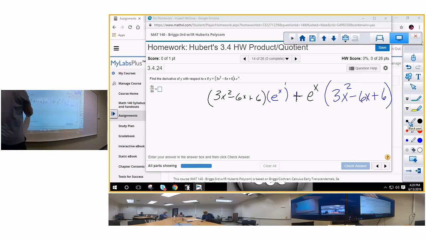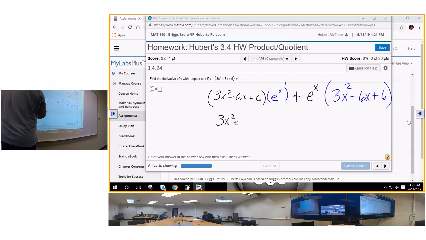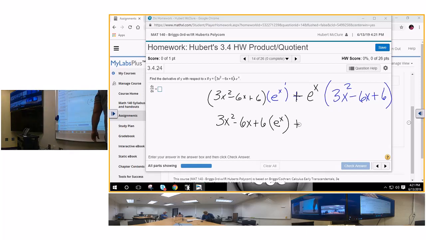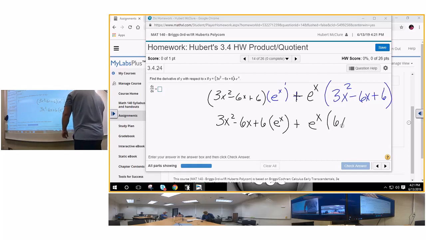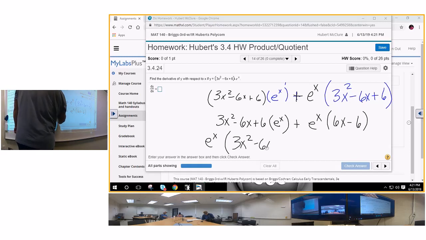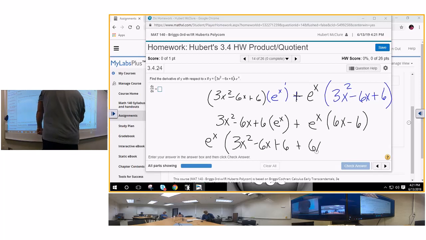So 3x squared minus 6x plus 6, and the derivative of e to the x is e to the x. Now what's going to happen is you're going to factor out e to the x in your answer. Plus e to the x times 6x minus 6. And then that's going to give you e to the x parentheses 3x squared minus 6x plus 6 plus what? 6x minus 6.